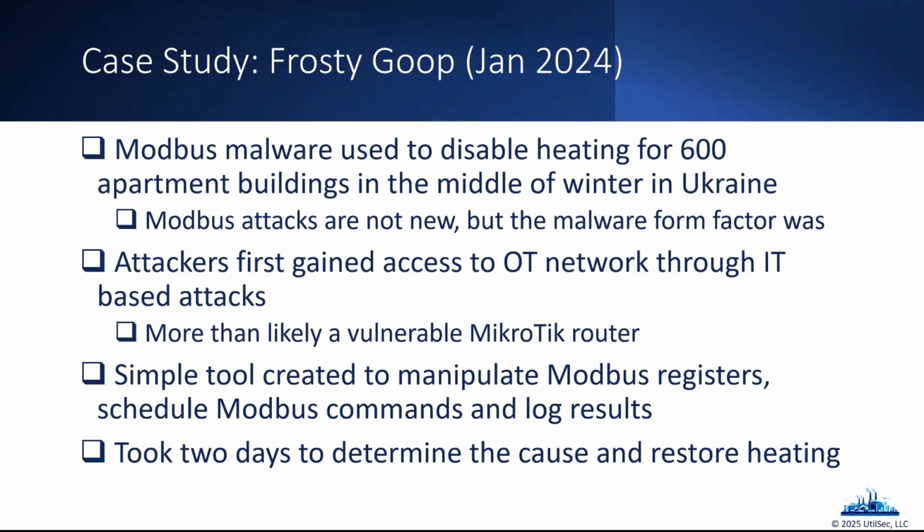How they used a very simple tool to make those changes to turn the heating off. And then it took 2 days for the heating to come back on. I think it really was just for the folks that were responsible for the apartment buildings, it took them 2 days to figure out what was going on. That was all because of a very simple tool. Again, we're going to see how we can recreate it in ChatGPT in only a couple of minutes.